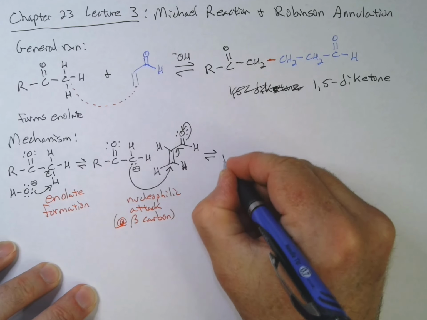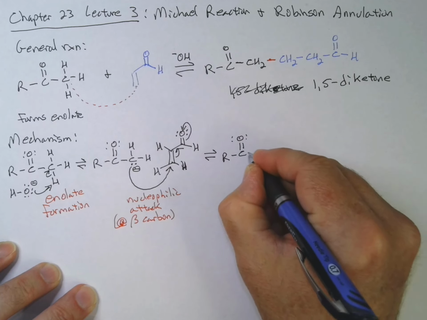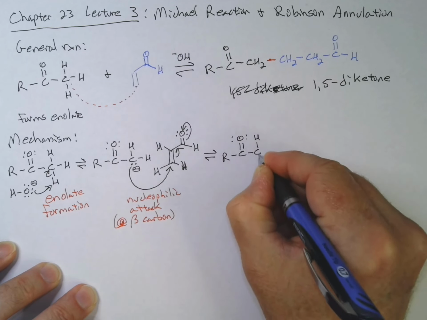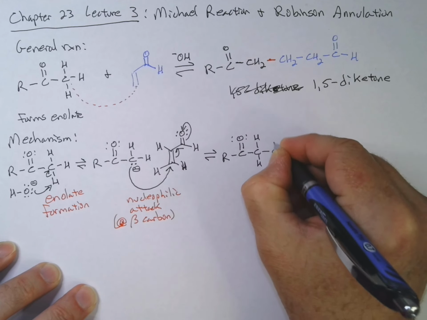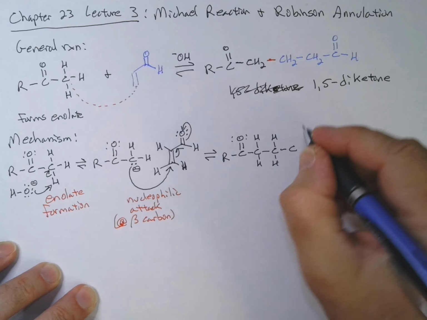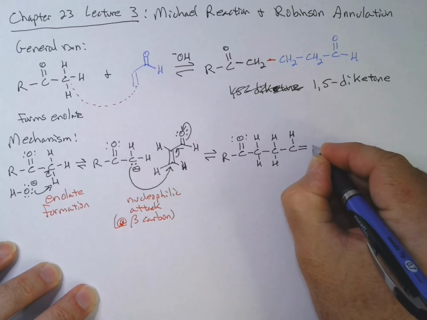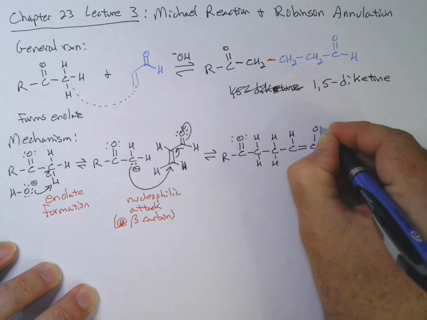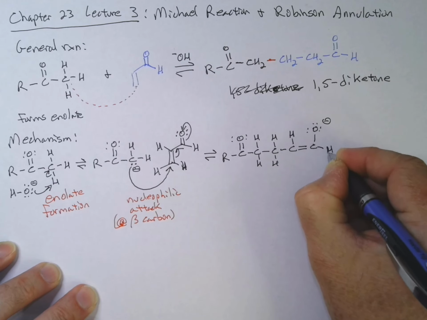So we now have R, C, double bond O, C, H, C, H, C, H, C, O, minus, H.